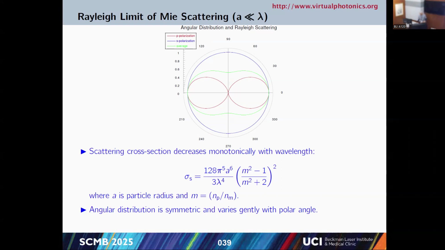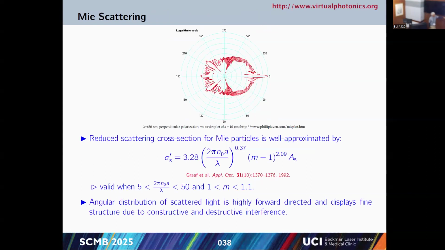So I guess I kind of glossed over a few things here. For these large structures, there's a paper by Graff that did a correlation for a population of Mie particles. You get this 1 over lambda to the 0.37. Your scattering cross section is linearly related to the particle size and the relative refractive index.